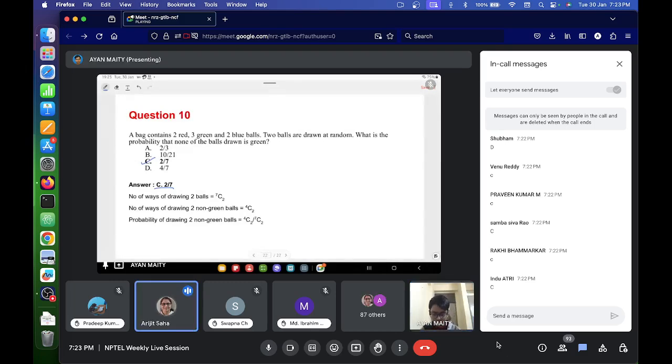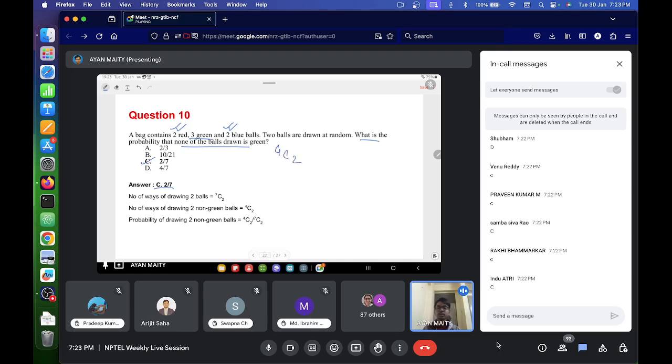Please repeat, sir. So the question is, what is the probability that none of the balls drawn is green? You have drawn 2 balls at random. So what is the probability that both the balls are non-green? There are 4 non-green balls, 2 plus 2, and there are 3 green balls. So you want to draw 2 non-green balls. Out of these 4 balls, you will pick 2 balls, so there would be 4C2.